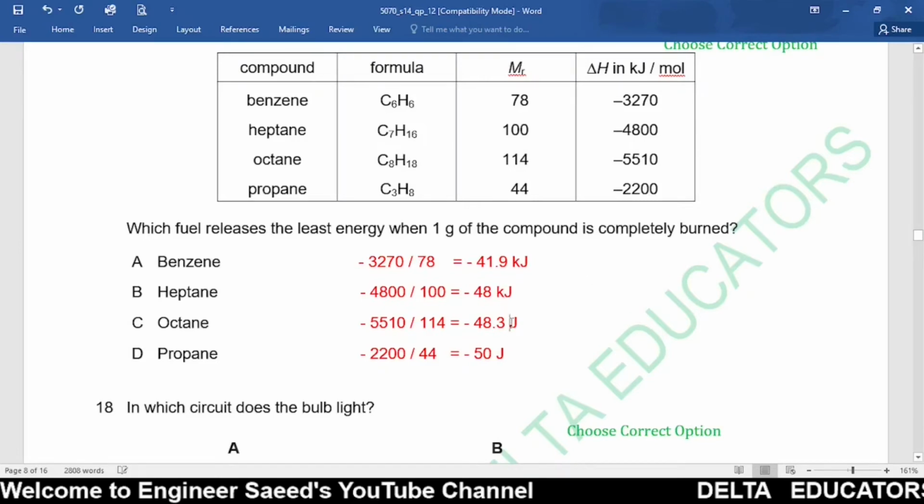And we got in heptane it is minus 48 kilojoule, in octane it is minus 48.3 kilojoule and in propane it is minus 50 kilojoule. Now the least amount of energy released is in benzene, that is 41.9 kilojoule. So our correct option will be option A. In benzene we will get least amount of energy.